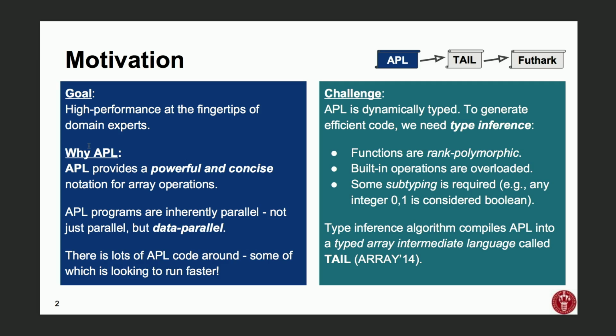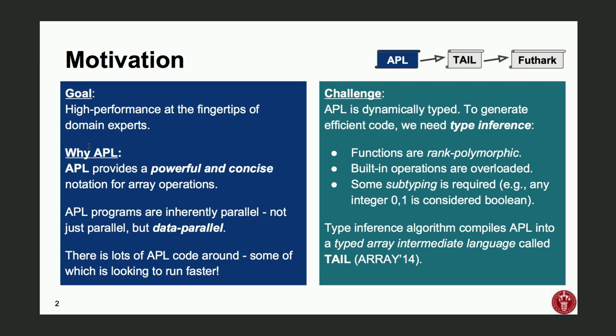And that means that we can deal with data in bulk. And also that the APL programs are inherently parallel, and they're not just parallel, but also data parallel. At least many of the primitives are. And then, of course, there is lots of APL code around, as you know. And some of that code is looking to run faster.